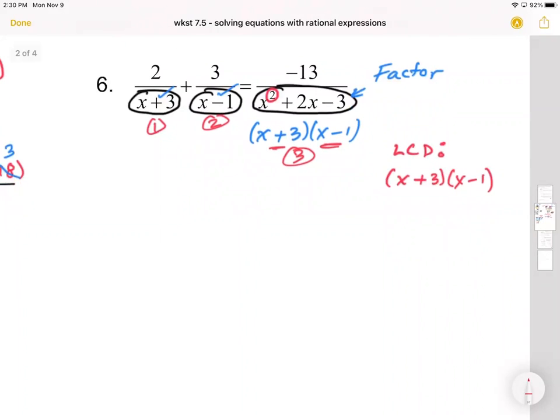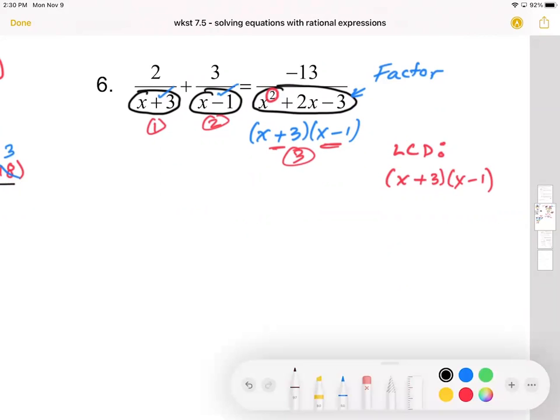So what do we have? Let me rewrite the problem.